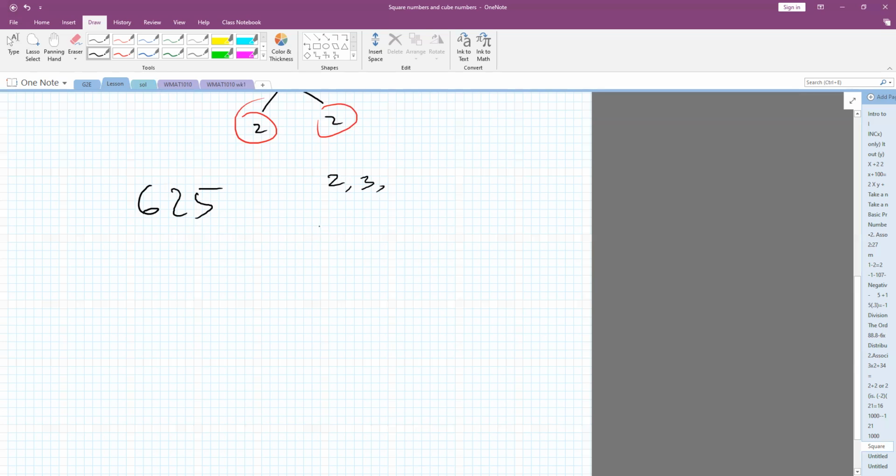So for 625, 6 plus 2 plus 5 gives you 13. This is not a multiple of 3, so that tells you 625 cannot be divided by 3.